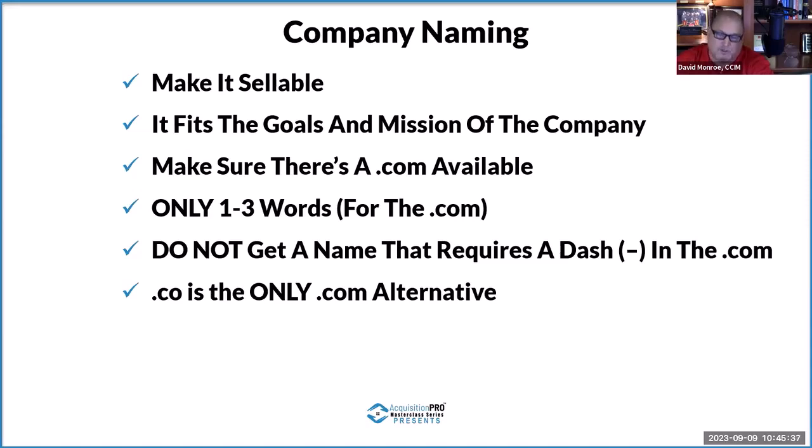I'm not 100% sure yet that Acquisition Pro will survive this SMS challenge that we're having. I think it will, but I'm not going to go spend $2,500 right now banking that it will. I got to be a little bit smarter with my business. So I've got acquisitionpro.io. Now, acquisitionpro.io works as an app.